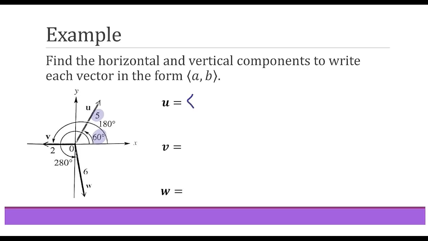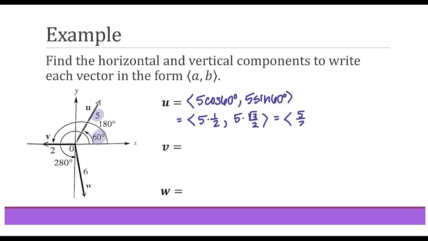So u is 5 cosine 60 degrees, and then 5 sine of 60 degrees. So those are angles we should know, so we're going to have 5 times 1/2, cosine of 60, and then 5 times radical 3 over 2. So in simplified form here, we'll go ahead and write 5 over 2, 5 rad 3 over 2.